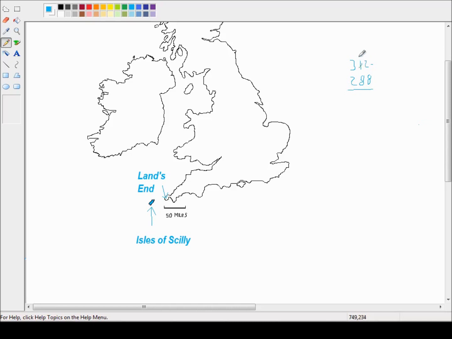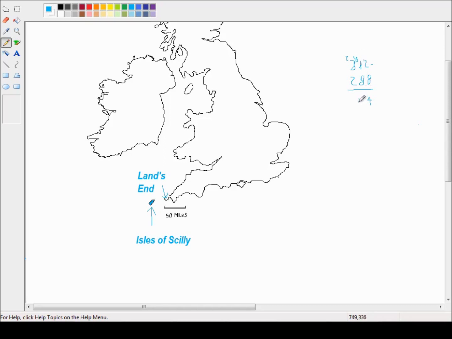Well, I can borrow 1 from that column. From 12 is 4. Borrow 1 again. Oh, that should be 10, because I borrowed 1 from that, so that's 10.